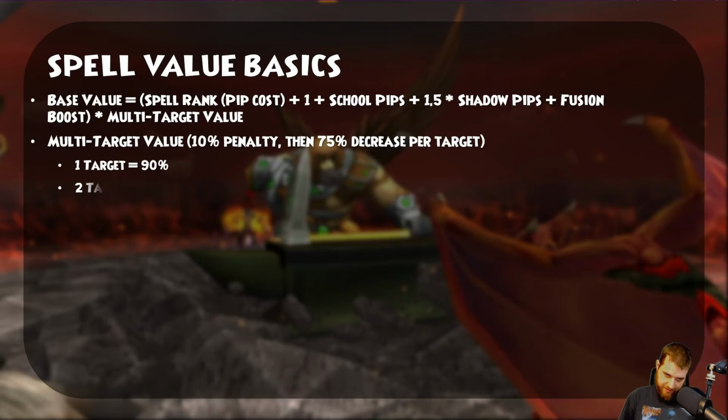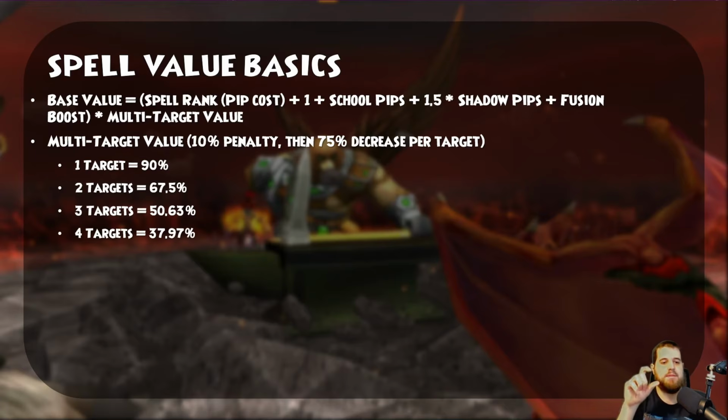The multi-target value is, you start with a 10% penalty, and then there's a 75% decrease per target. This was in the update notes from when this was implemented a while ago. One target's 90%, and so forth down.